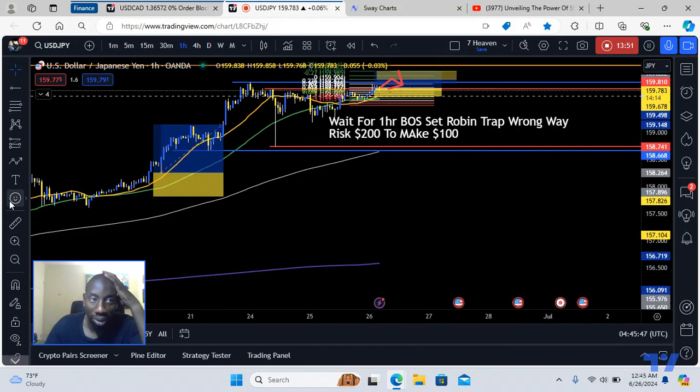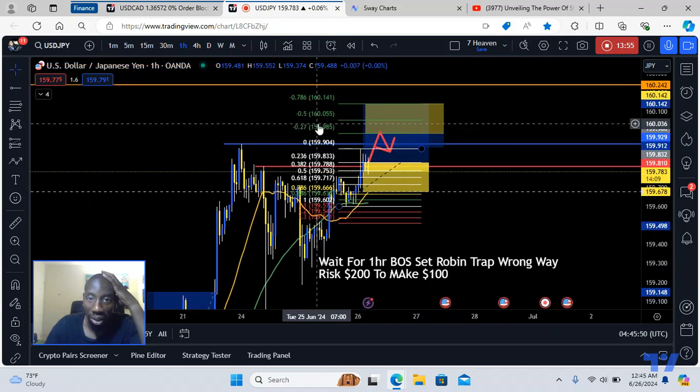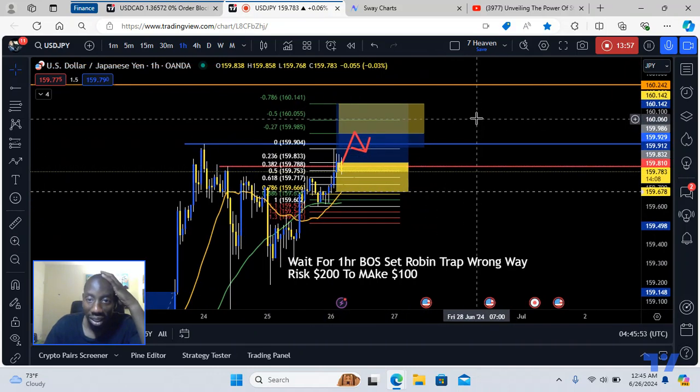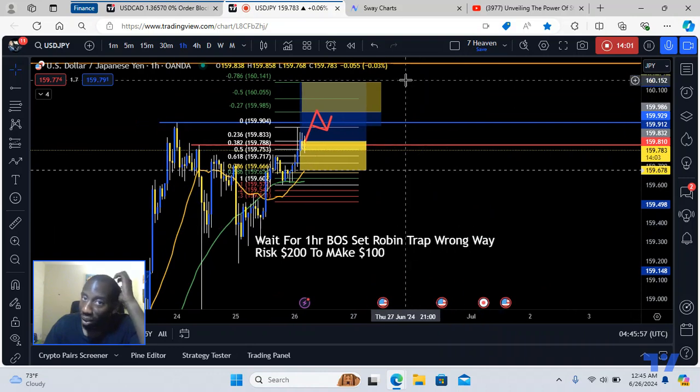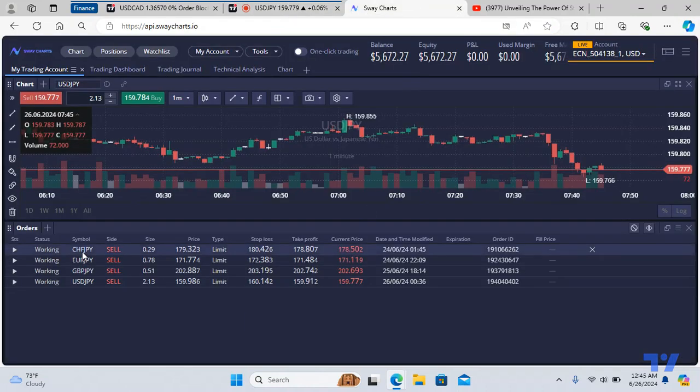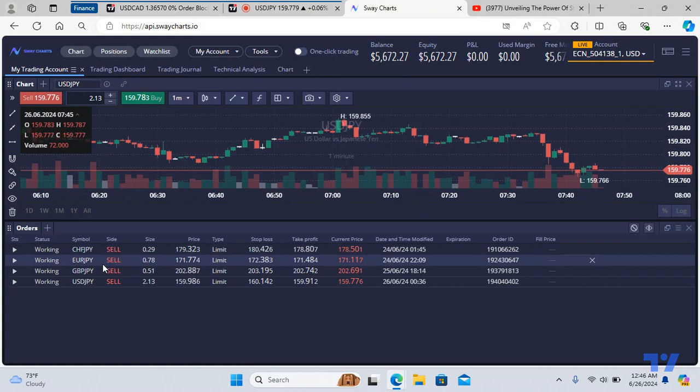But yeah, that's what we're doing there, and then we're back on USD JPY. There we go, and that's currently what we're waiting for, right? And of course, everything is set. We have 1, 2, 3, 4 trades ready to go.